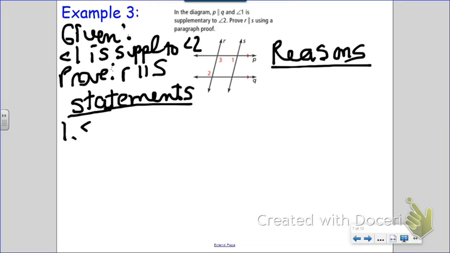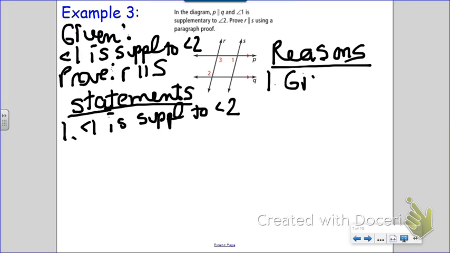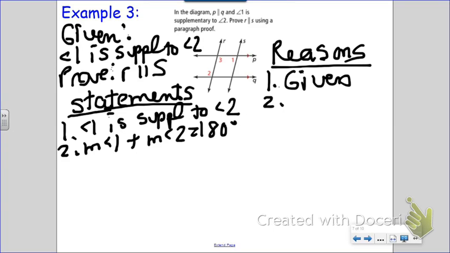We'll start with our given. Angle 1 is supplementary to angle 2. That's given. So if we know they're supplementary, we know the measure of angle 1 plus the measure of angle 2 equals 180. That's the definition of supplementary.